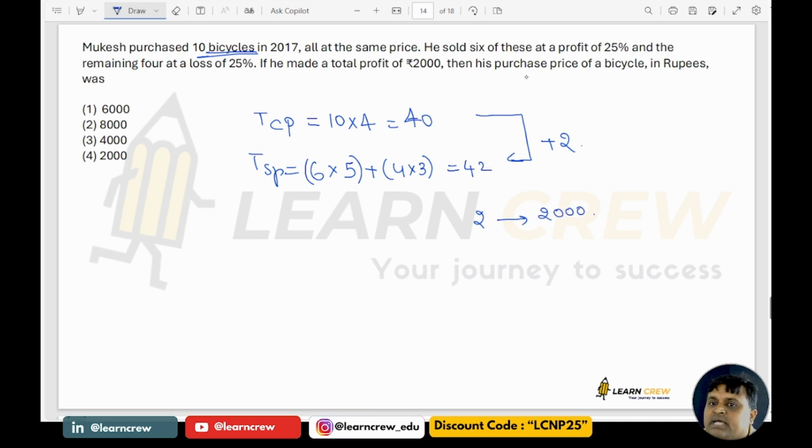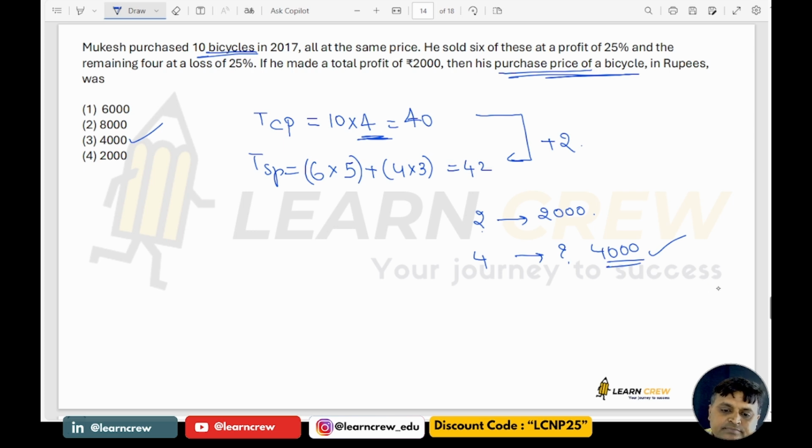Then what is asked here? Purchase price of bicycle. Purchase price of bicycle means 4 is how much? If 2 is 2000, then 4 would be 4000. So answer is 4000. So option 3 is correct answer.